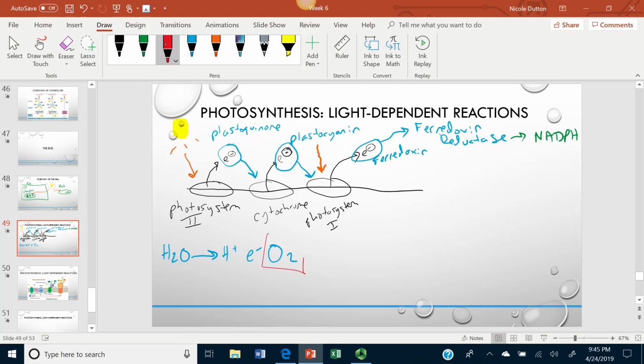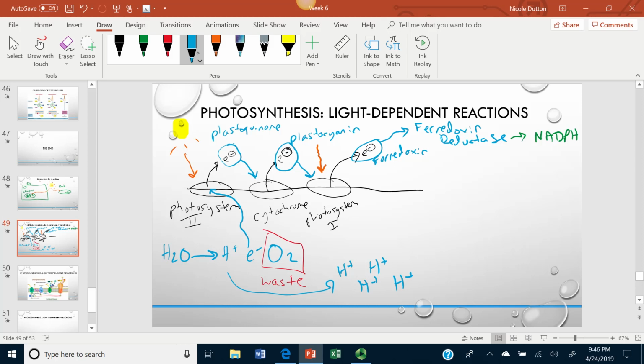Oxygen gas is released as a waste product. But the hydrogen ions start to accumulate here. And the electron goes up here to replace the electron that left in photosystem 2.